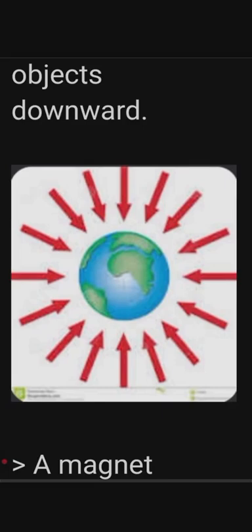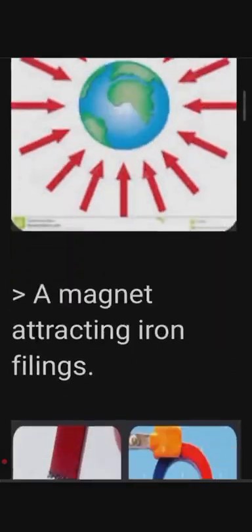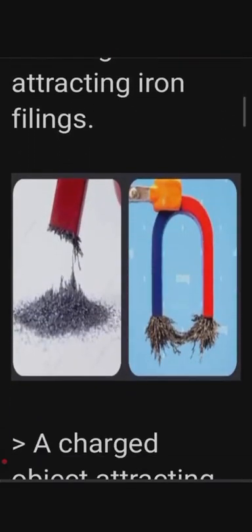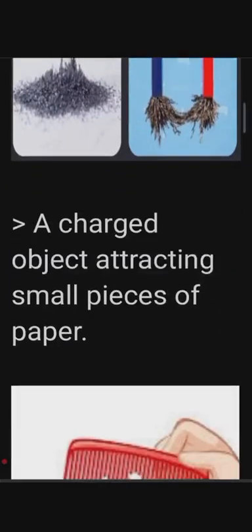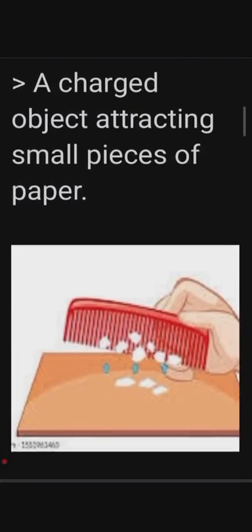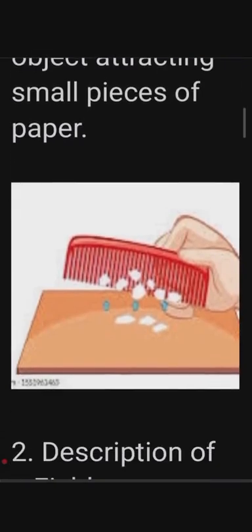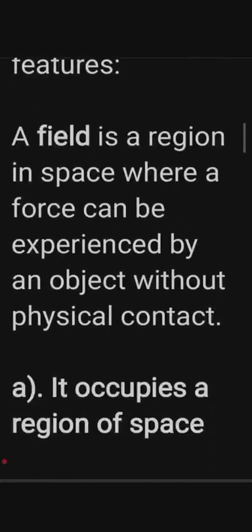In the first picture, we see a force acting towards the center of the earth. In the second picture, we see a force attracting iron filings to the magnet. In the third picture, we see a charged object, a comb, attracting pieces of paper.